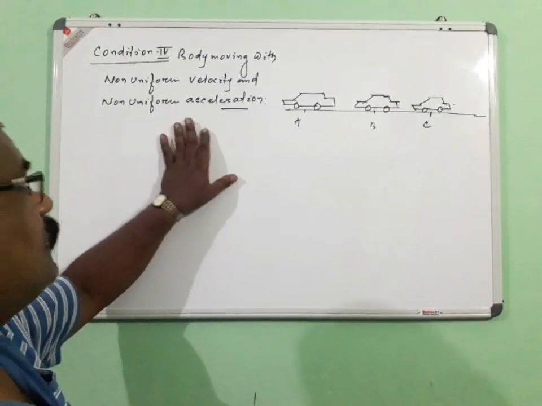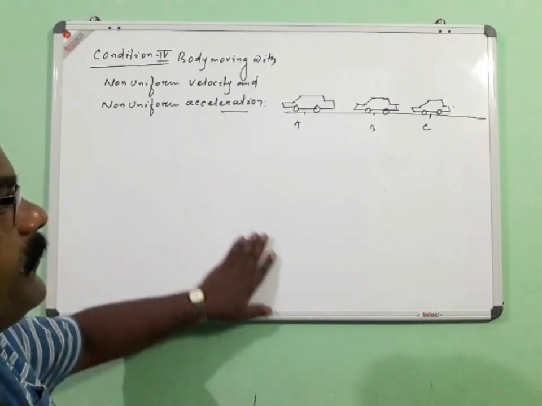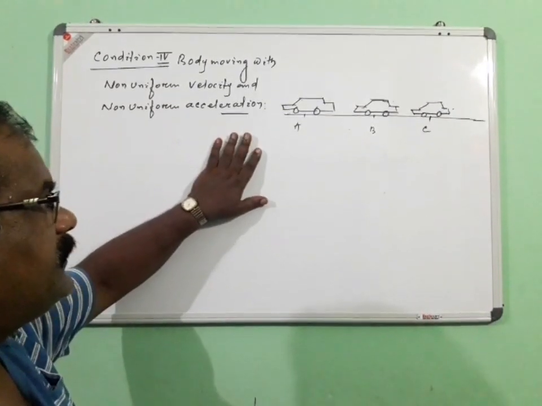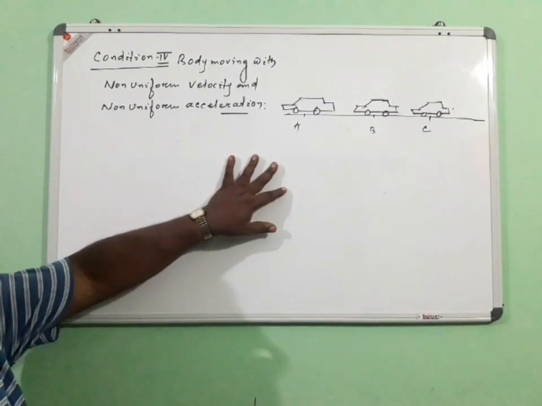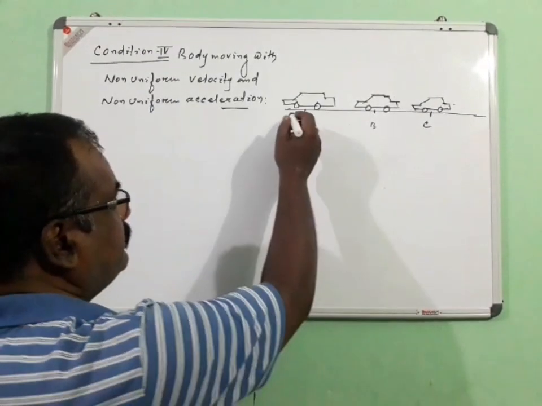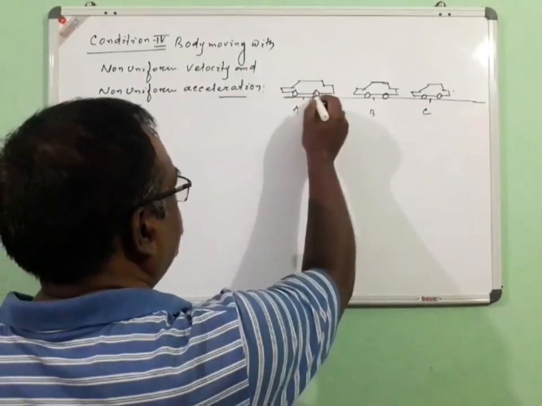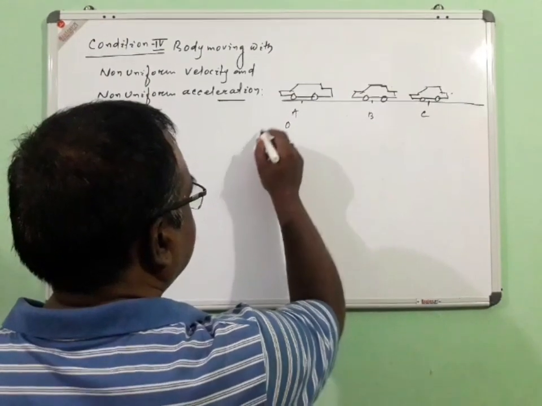Question number 4. Body moving with non-uniform velocity and non-uniform acceleration. Take an example of this case. Suppose the car started moving from A where it was at rest.